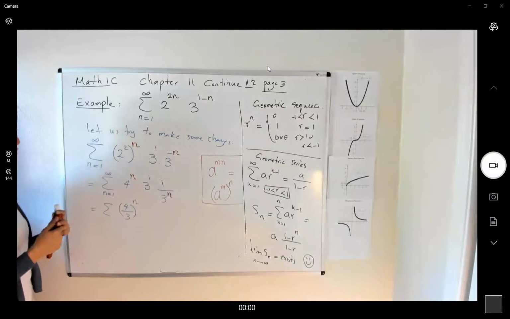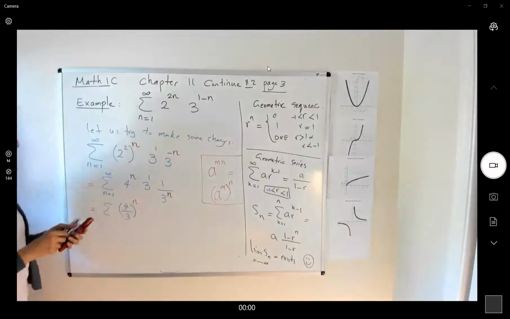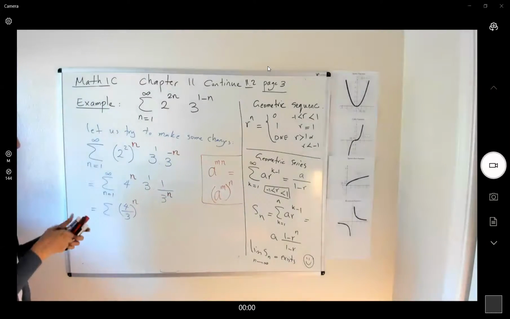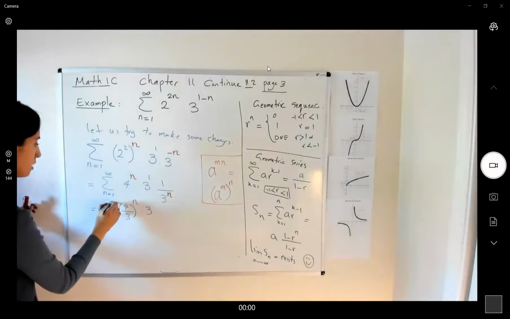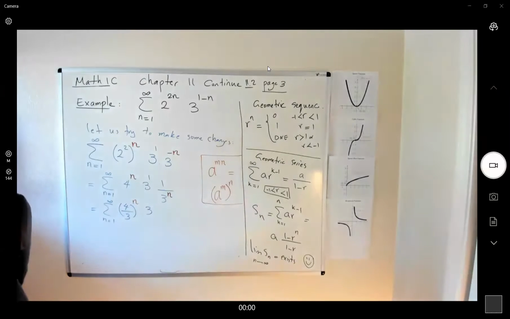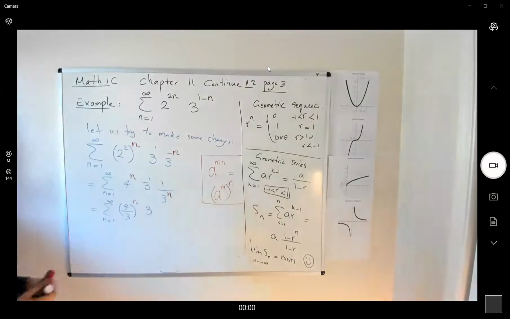I'm trying to form an r raised to something, and I have 3 to the first power. n starts from 1 and continues to infinity. Remember that you need exponent k minus 1.